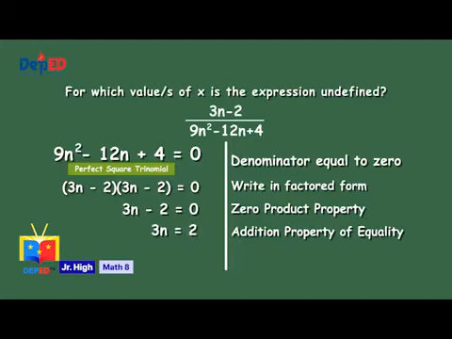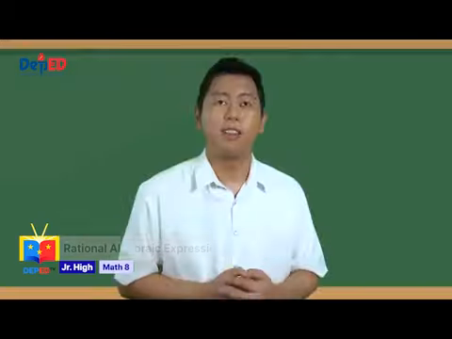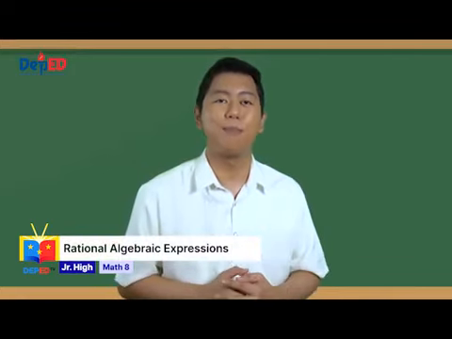And lastly, divide both sides by 3. What will be the value of n? The value that will make the rational expression undefined is 2/3. Let us have one last example.